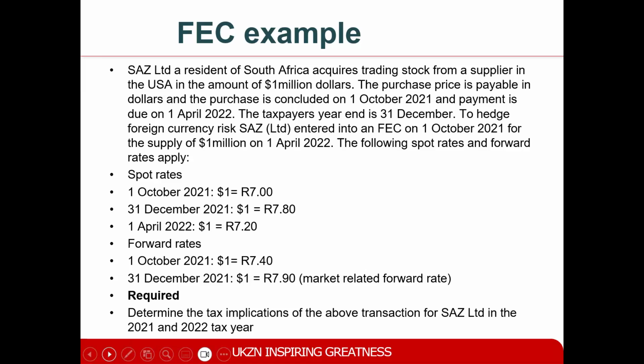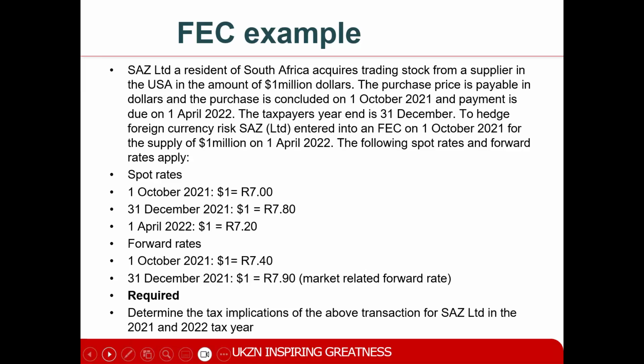The purchase price is payable in dollars, and the purchase is concluded on 1st October 2021. The payment is due on 1st April 2022. The taxpayer year end is 31st December.